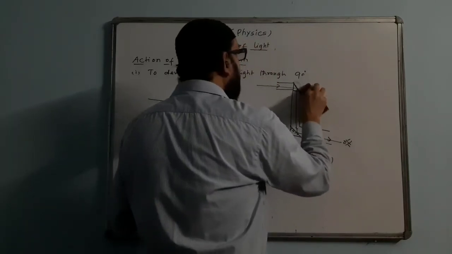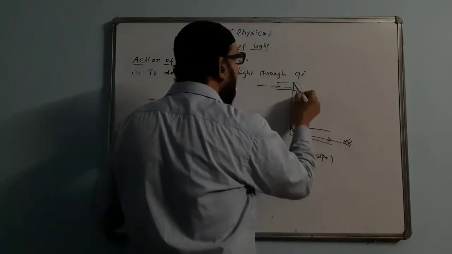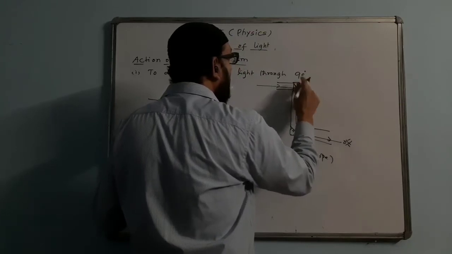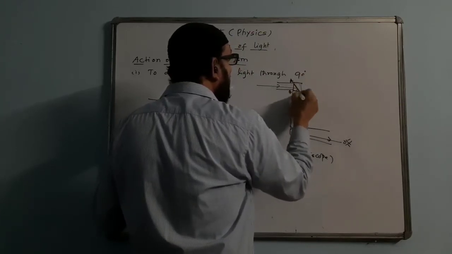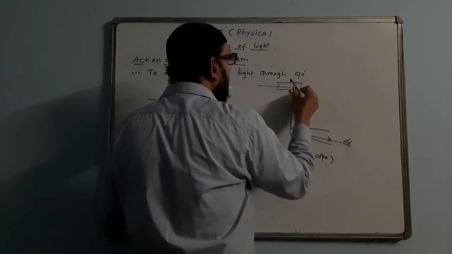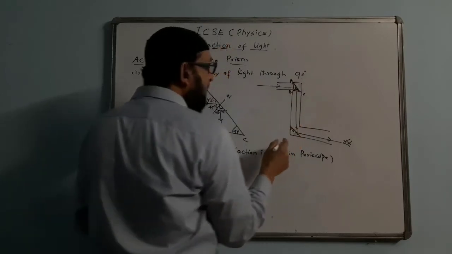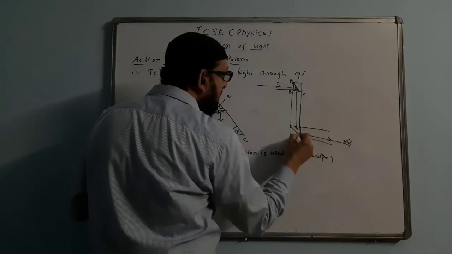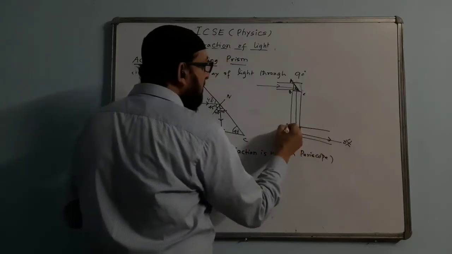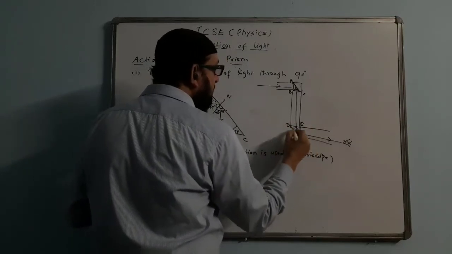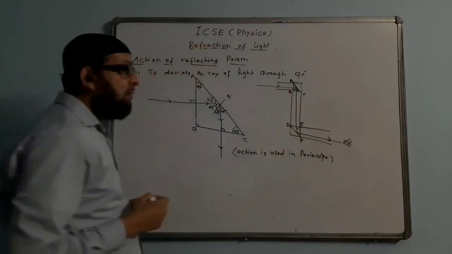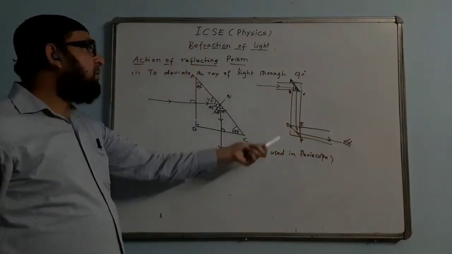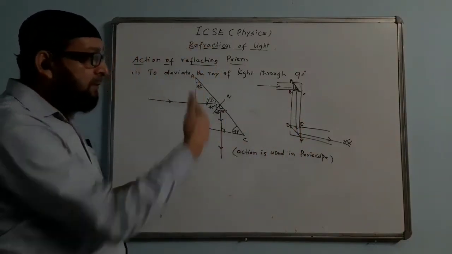ABC is a prism, and we can use another prism over here like this. DEF is another prism used. Both the prisms are equivalent to plane mirrors.